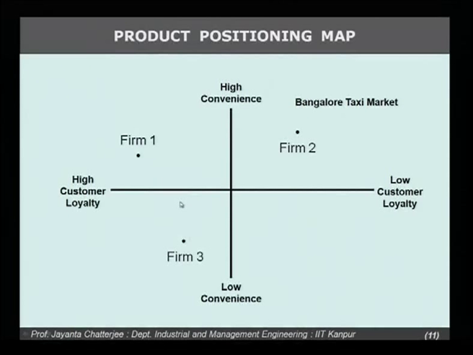But what you can do here is create success here, because you are here creating a specific bundle of values with good understanding of segmentation and targeting. The bundle of values will be positioned accordingly.